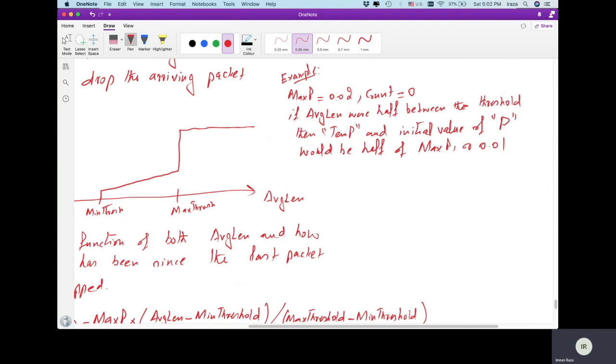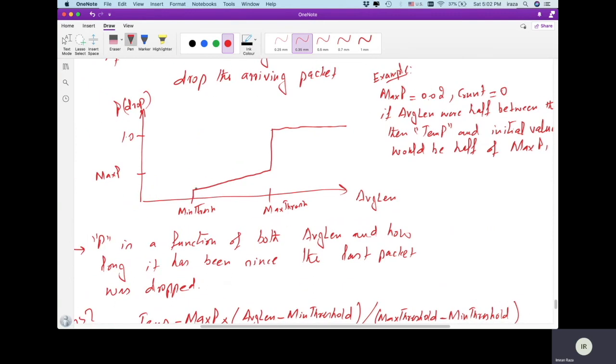So if a new packet arrives, obviously there are 99 in 100 chances that it will get into the queue at this point, right? But what is happening here is that P is increasing slowly, right?